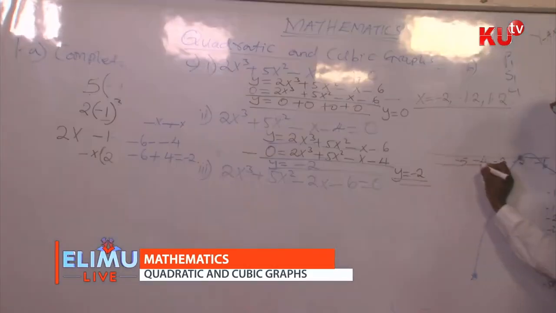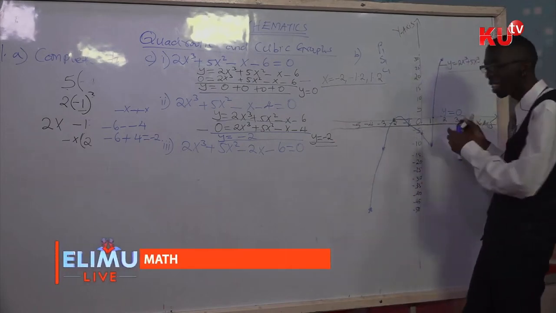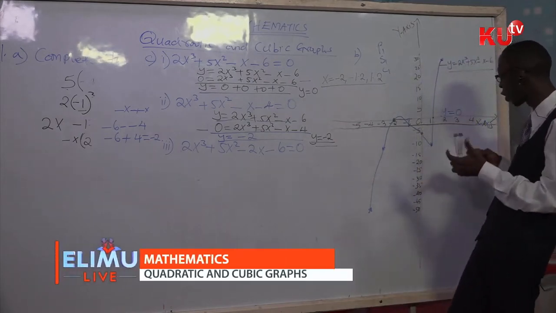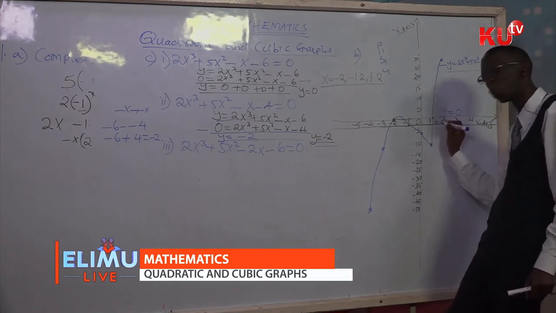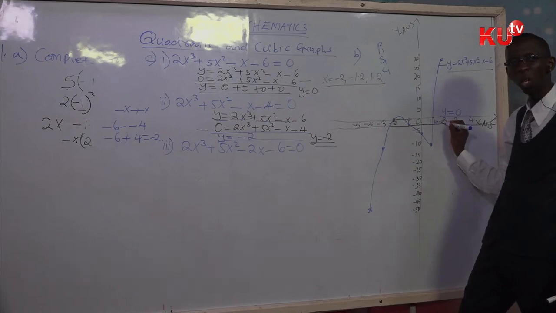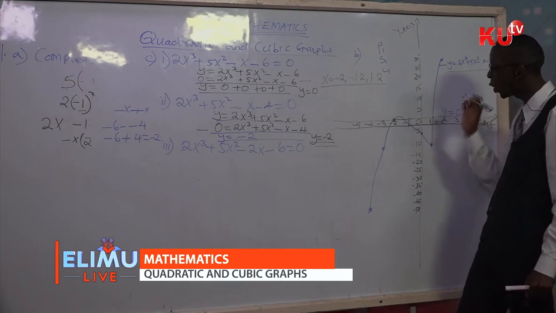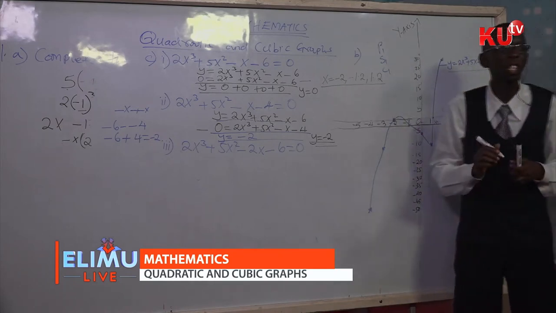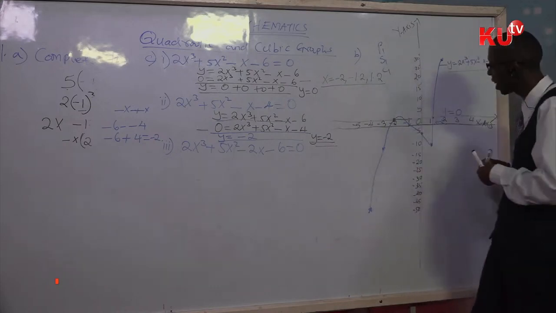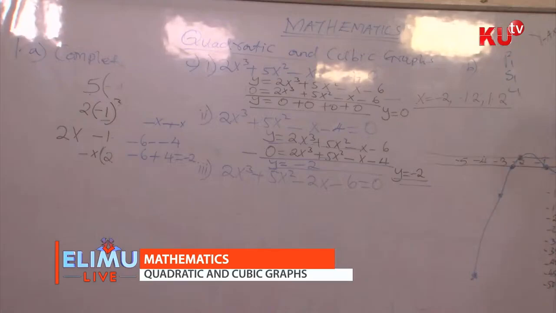Using your ruler, draw a horizontal line that must touch the line y is equal to negative 2. On that horizontal line that you have drawn using your ruler, write y is equal to negative 2. Then read the values of x where the graph touches the line.